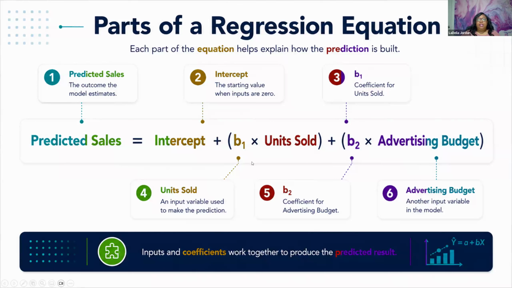Now, what you see here is how we come up with our regression equation. Remember that the predicted outcome that we're looking for here is our monthly revenue. The intercept is 4,800, and the intercept is the starting value in the equation before the input contributions are added.